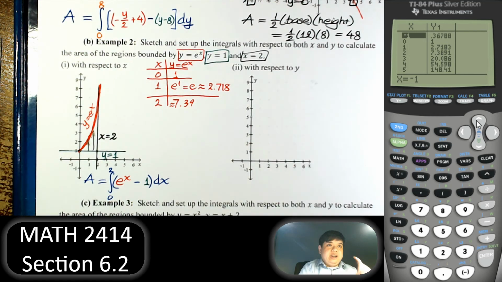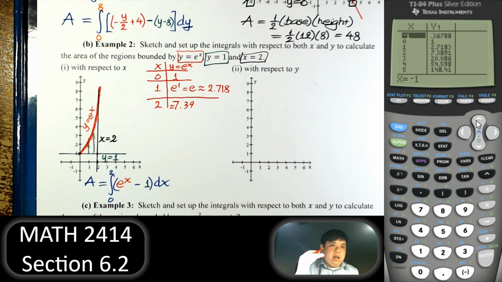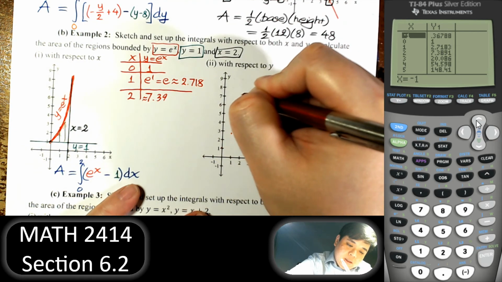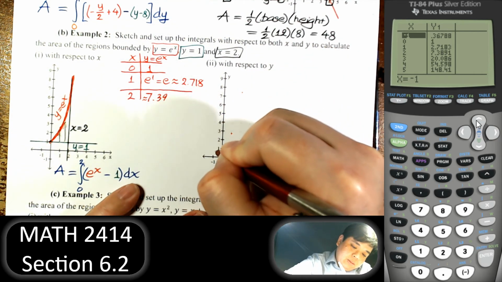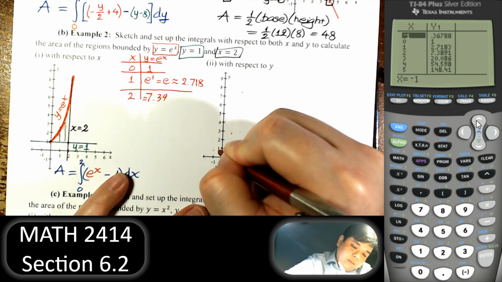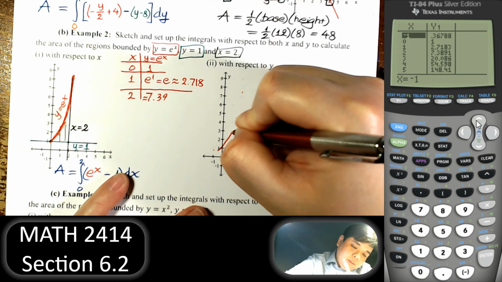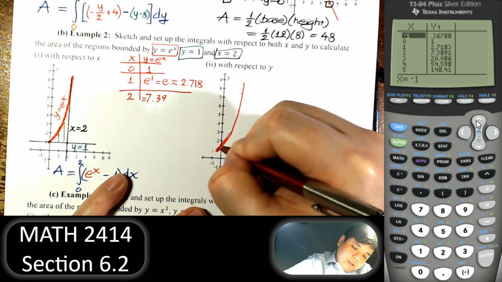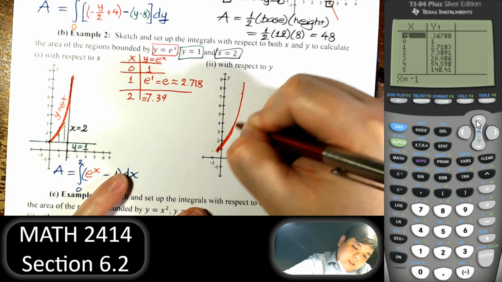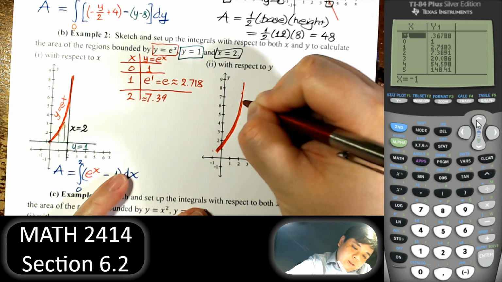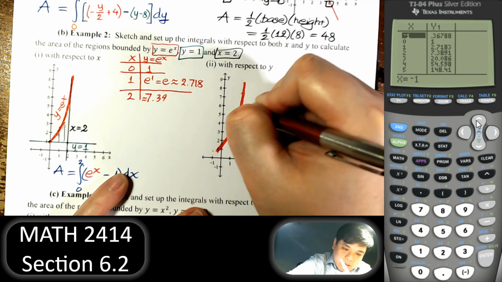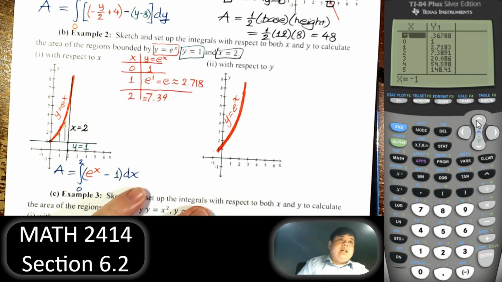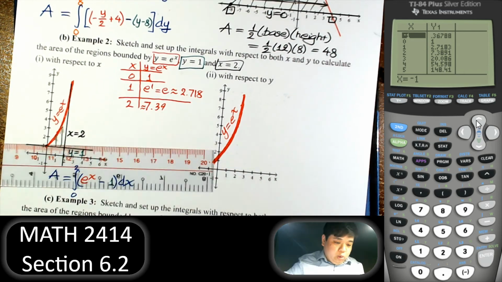If we have dx, we need the vertical component, which is the upper function minus the lower function. So I have e to the x, y equal to 1, and x equal to 2.